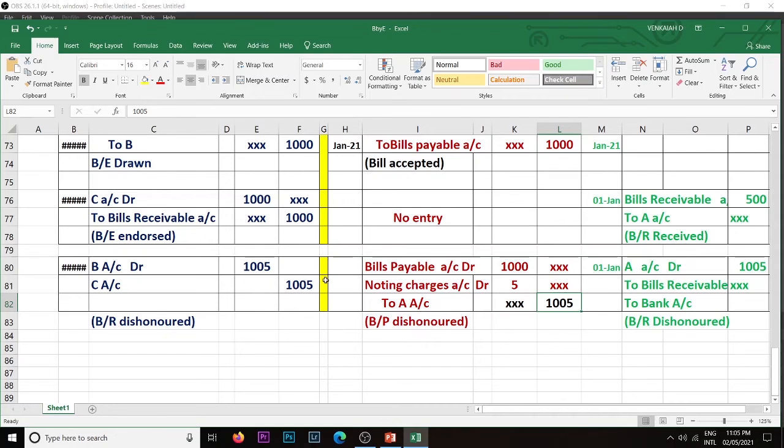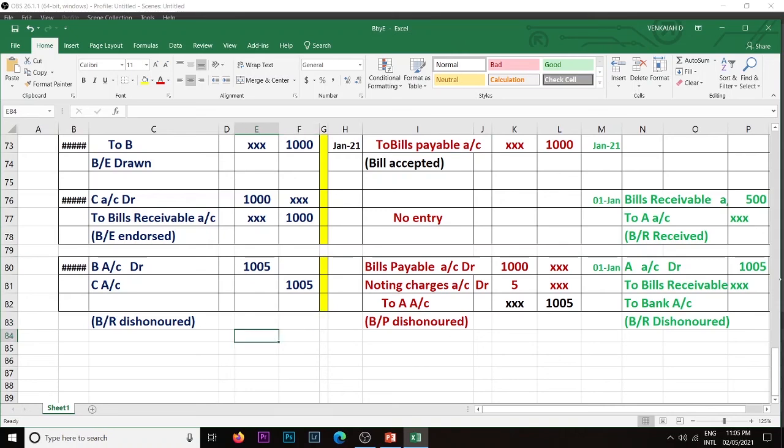Now, he has to receive 1005 from B, and that should be a liability to pay to C. He will pass one adjustment entry in his books, B account debit to C account, 1005 rupees in the books of A. So this case is endorsed bill dishonored.